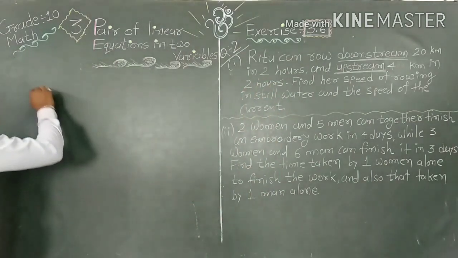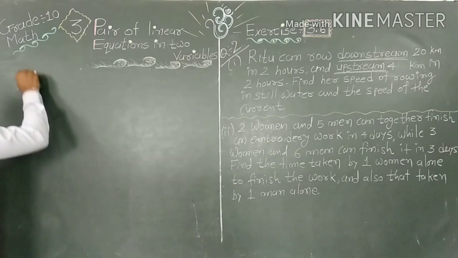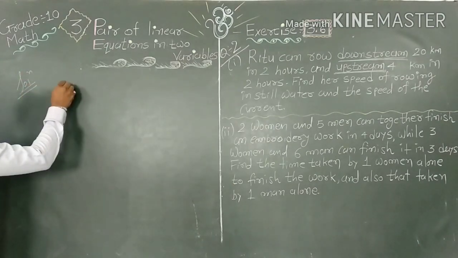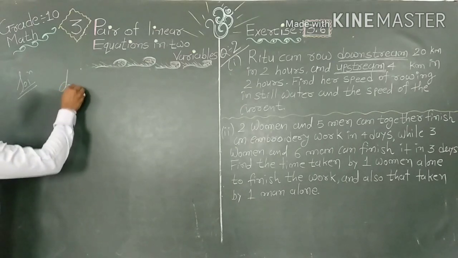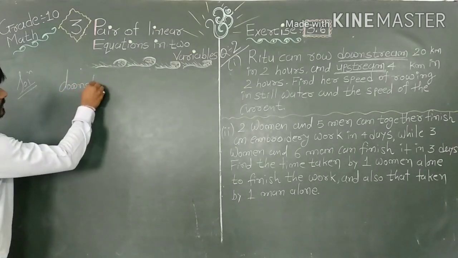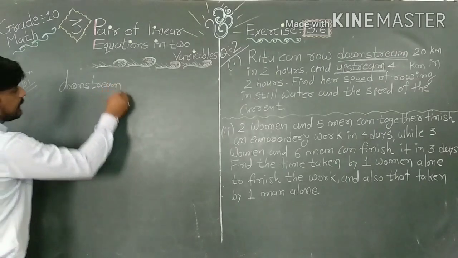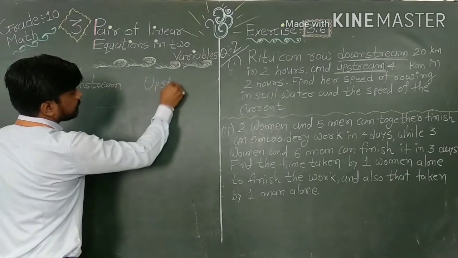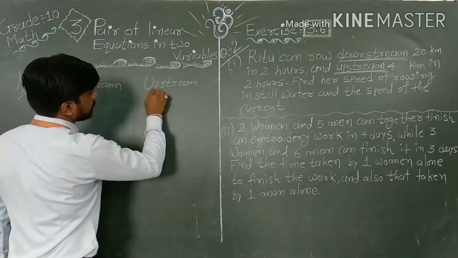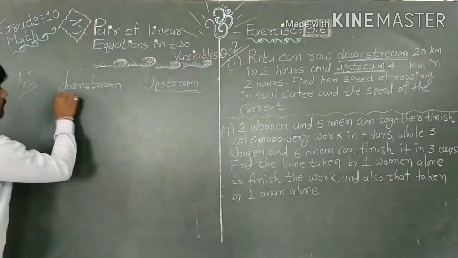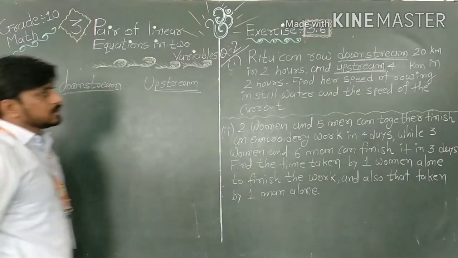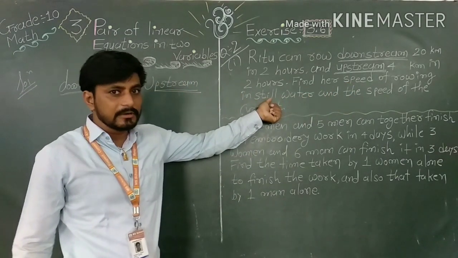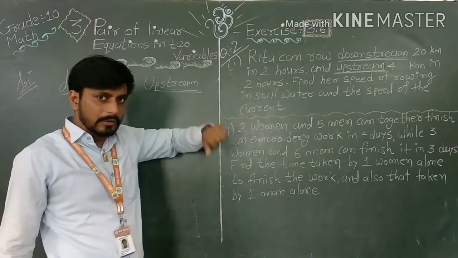Suppose I write the solution. There are 2 cases. First of all, downstream, and what is the second case? Upstream. We want to find the speed of rowing in still water. Still water, that means thehra hua pani.